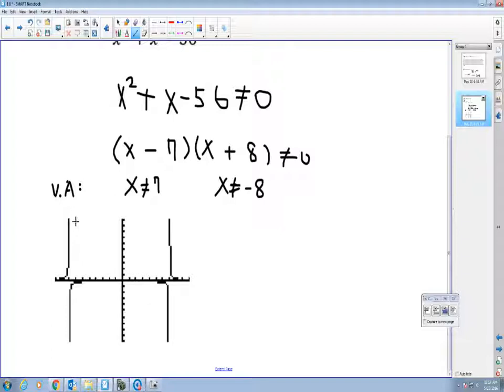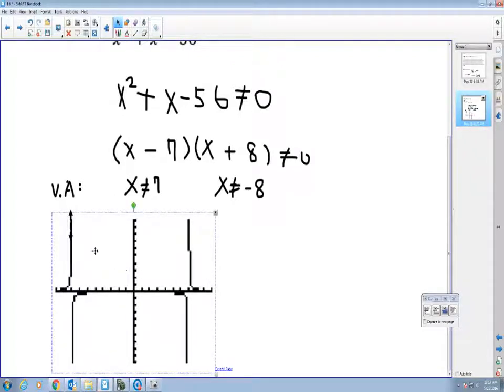Right here, there's a vertical asymptote at x equals, it's too thick. Let me make my graph a little bit bigger. Let me color code this in red.